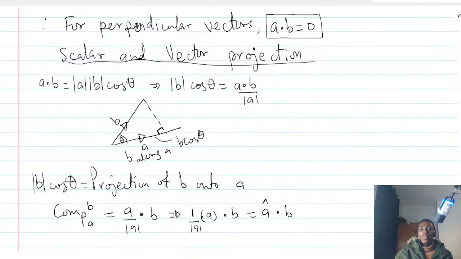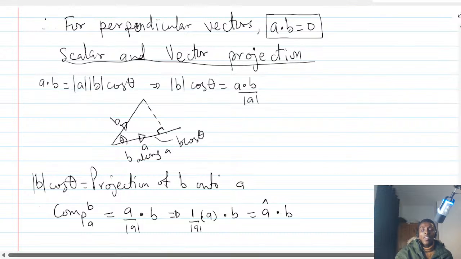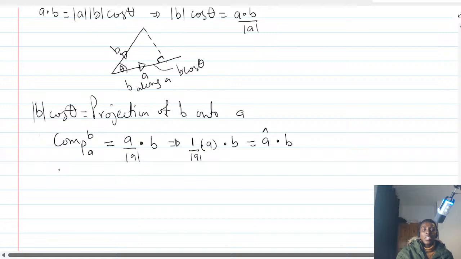And then there is what we call the vector projection. For the vector projection, you multiply by the unit vector.